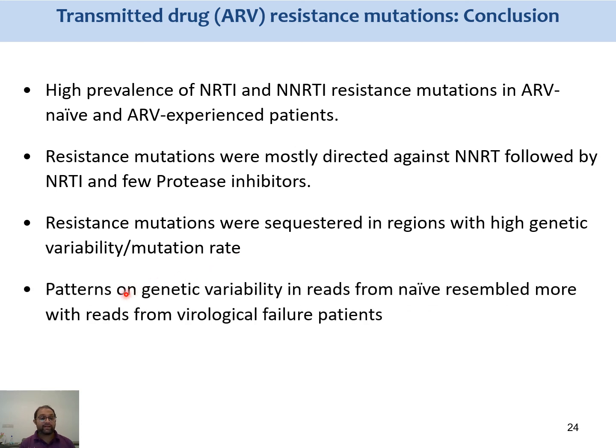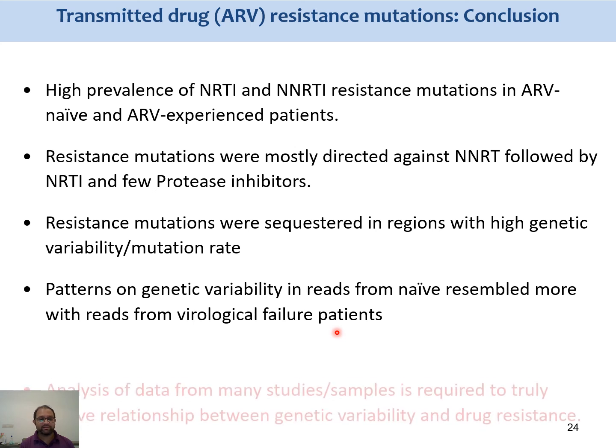The concerning point I showed you is that the patterns of genomic variability in the sequences of naive patients resemble more those of virological failure patients, which is really concerning because these patients haven't started therapy yet.